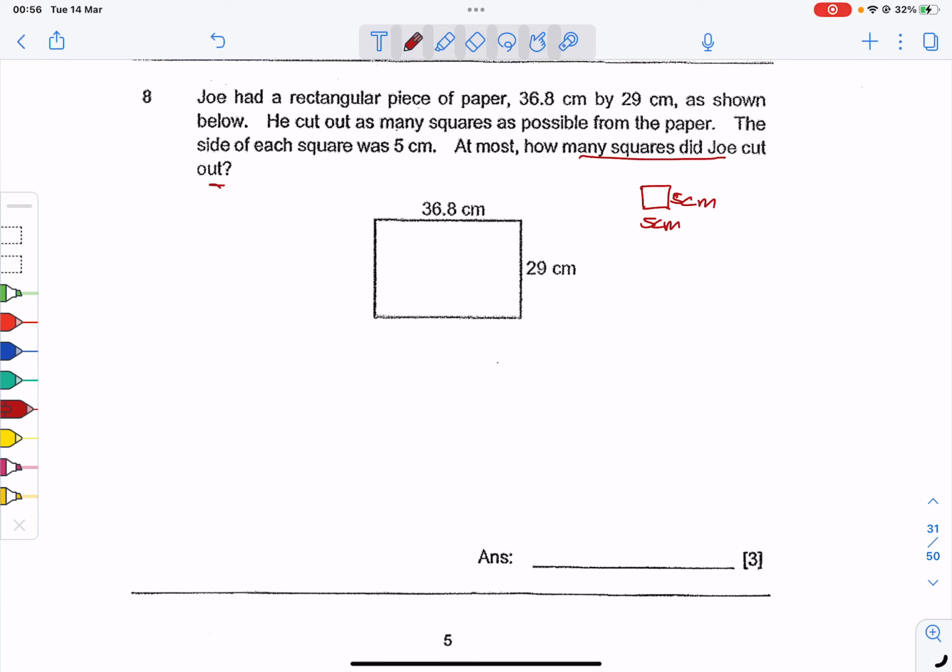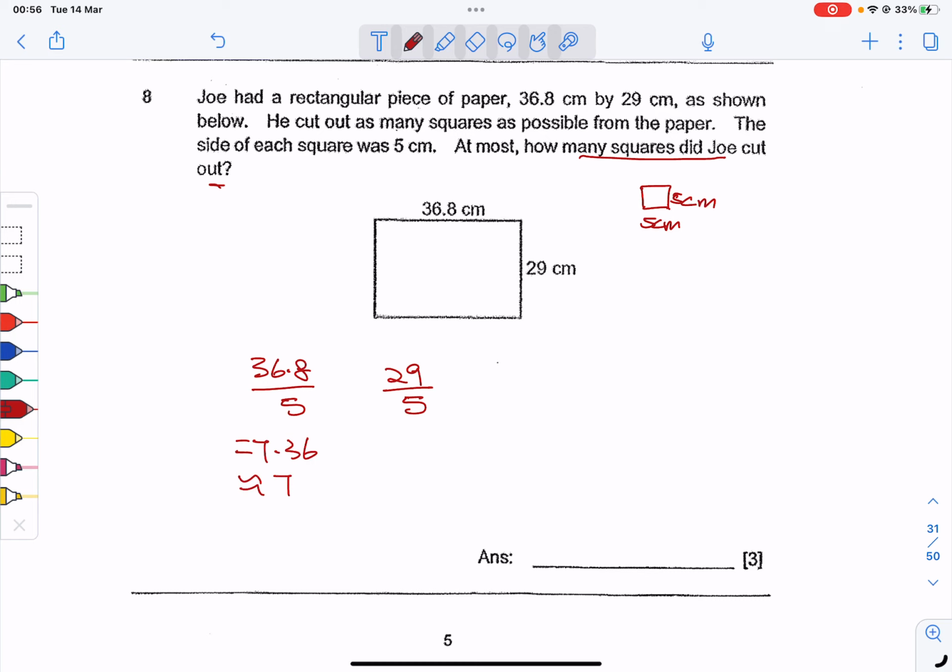So we have to handle this by handling the side of the rectangular piece of paper. 36.8 over 5 and 29 over 5. Okay, so we will have 7.36. We can only cut 7 pieces because the leftover cannot be used.